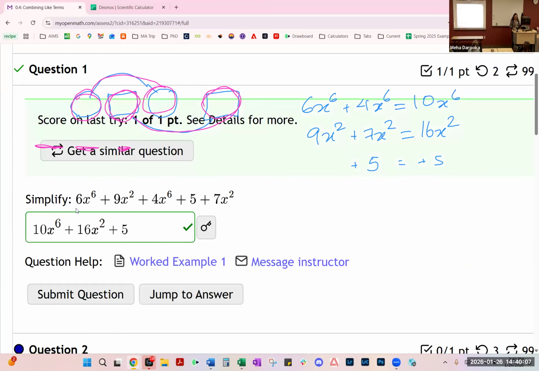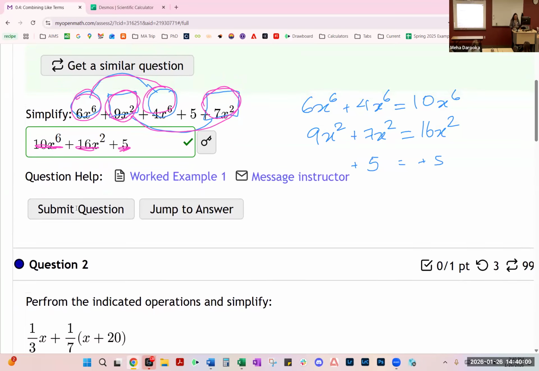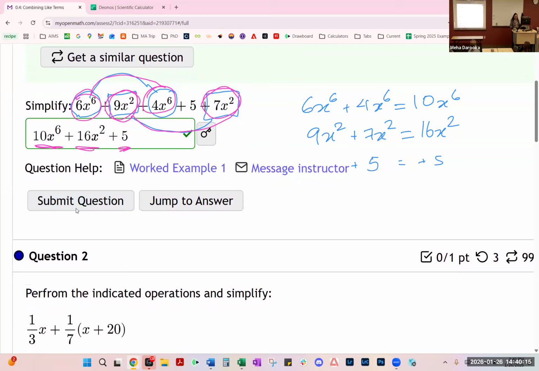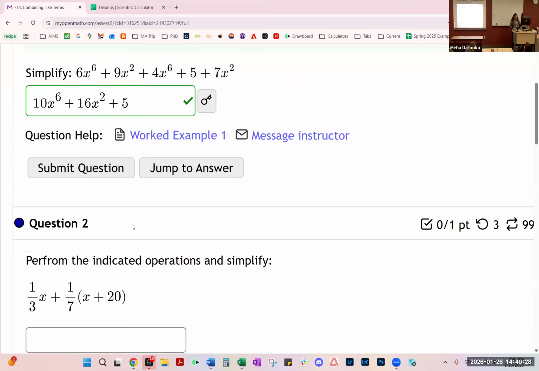And we can check our answer and you are good to go. Right, so combining like terms. And like I said, we kind of did something similar when we were seeing how to solve our equations in the previous 2 sections. All right. So he's done.